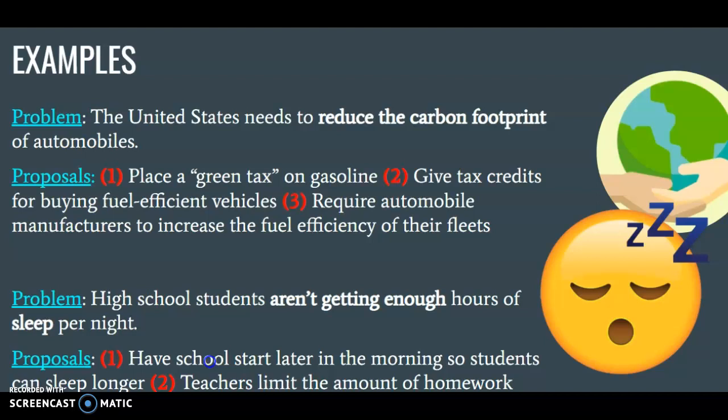So let's take a look at an example. One thing about proposal arguments is they work very nicely with the Toulmin framework. You can use the Toulmin system to support your proposal with reasons linked to your audience's beliefs, assumptions, and values. So, for example, if the problem is the United States needs to reduce the carbon footprint of automobiles, you can create a proposal stating to place a green tax on gasoline, give tax credits for buying fuel-efficient vehicles, and require automobile manufacturers to increase the fuel efficiency of their fleets.